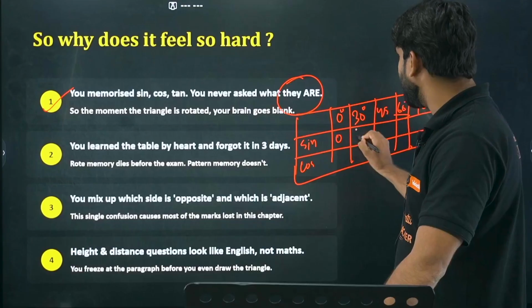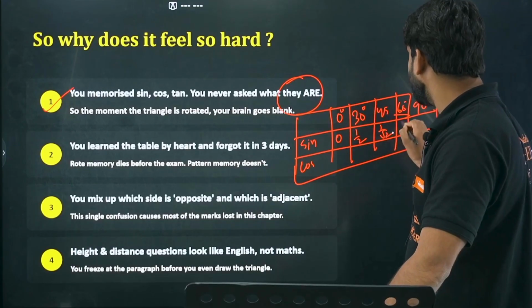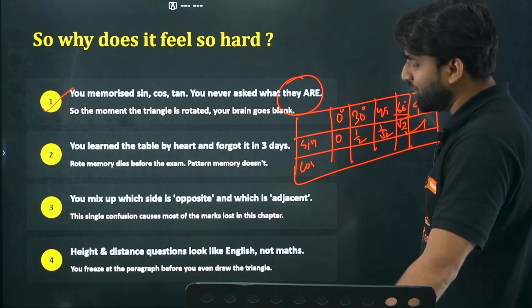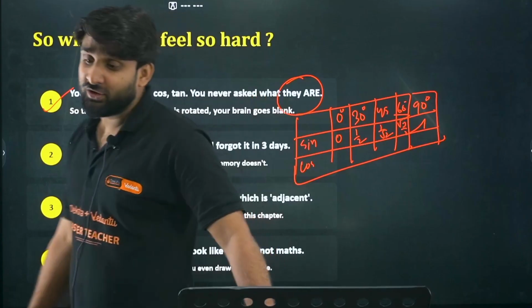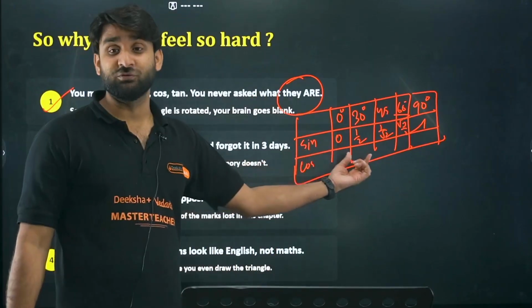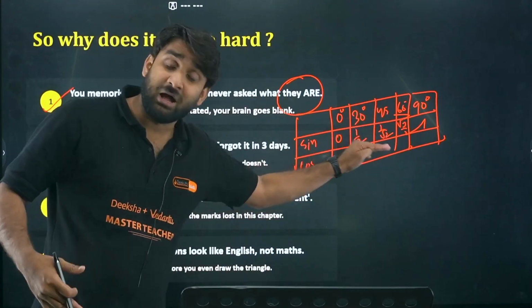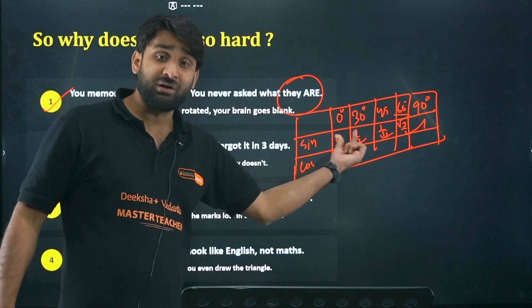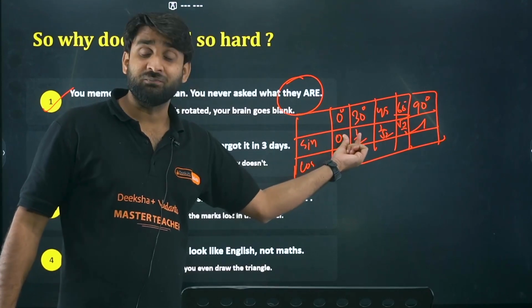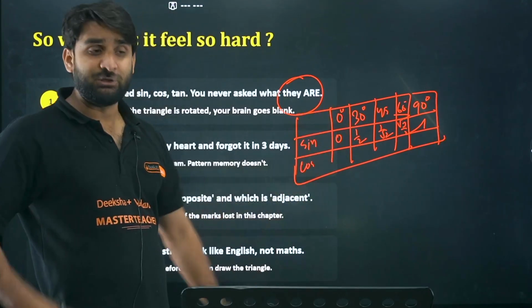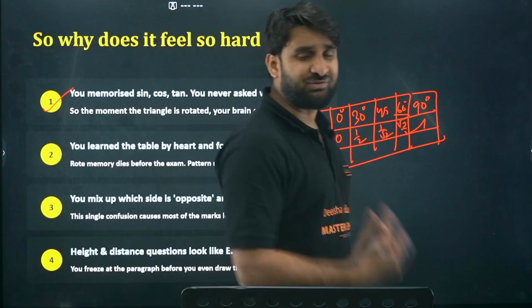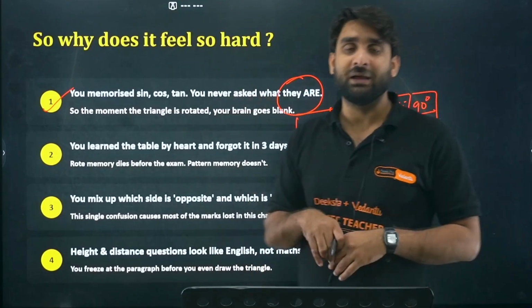Sine 0 degree is 0, sine 30 is 1 by 2, sine 45 is 1 by root 2, sine 60 is root 3 by 2, and sine 90 is equal to 1. Some students memorize these values without knowing how they came, how these values are derived. They don't have the curiosity to know how these values have come.